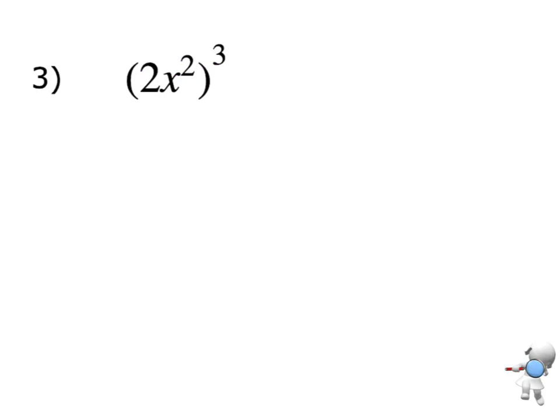This one here, I've got now letters and numbers. So I've got a mixed term here. I'm going to take each of those pieces, and so I want to apply a power of 3 to the 2, and apply the power of 3 to x squared. Okay, so I want to do that for both pieces.